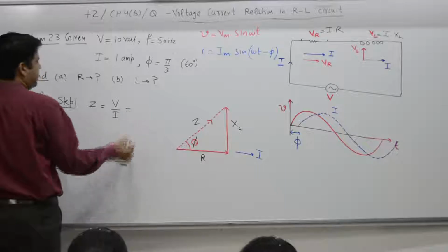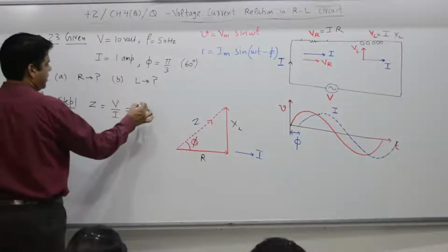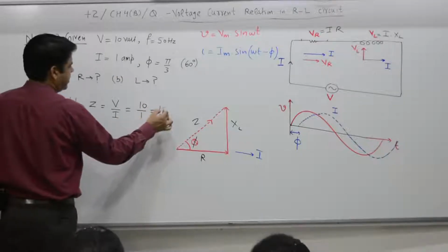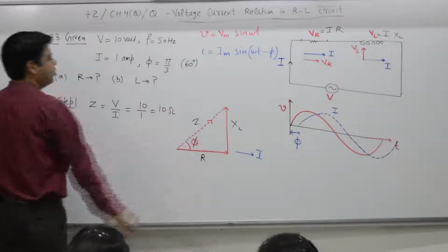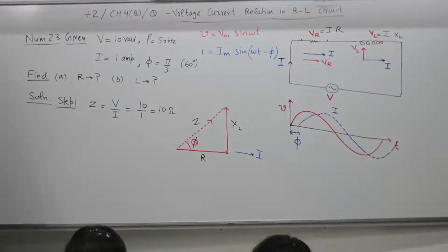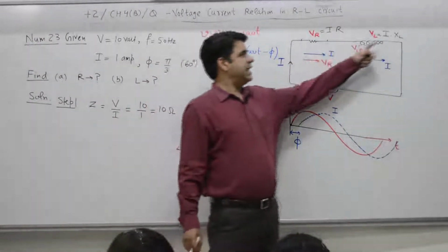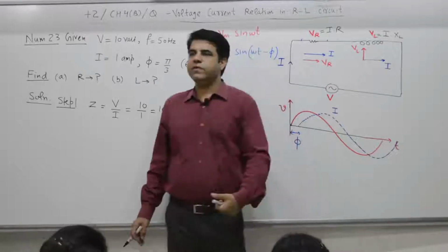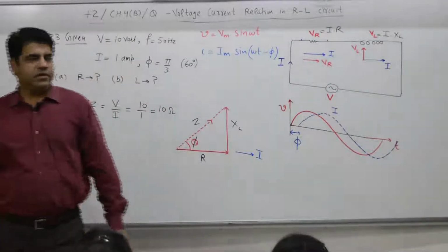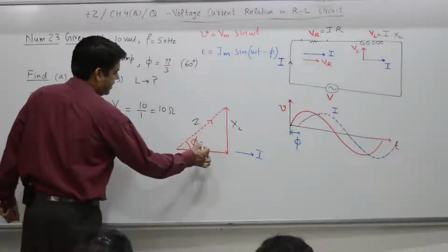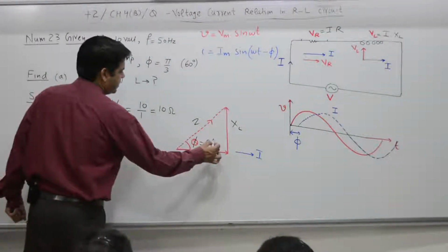Z is equal to 10 divided by 1, 10 volt by 1 ampere, which comes out to be 10 ohm. All opposition, resistance in ohm. Inductive reactance XL is also in ohm. Z is now known to you. The angle in this triangle is known to you, 60 degree.